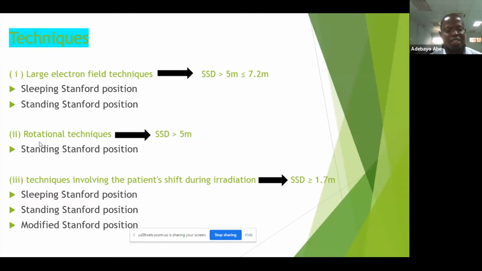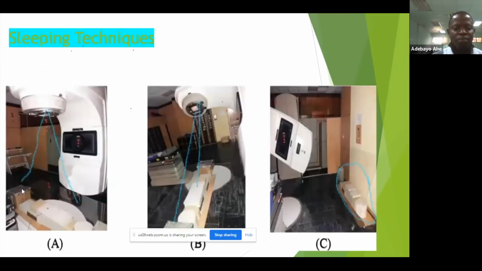This one that Stanford designed has a 6-position standing technique, so that in order to cover the entire skin, I give these pictures as one of the latest techniques being employed.